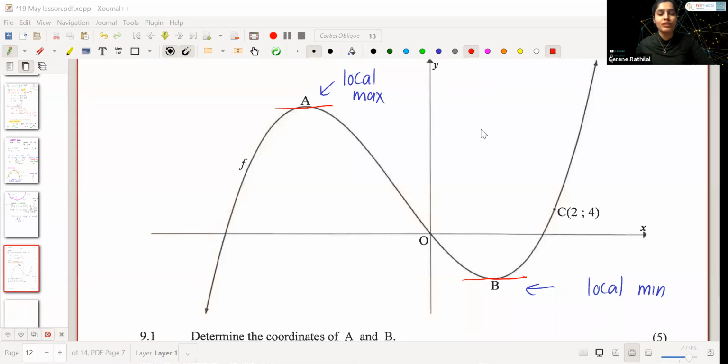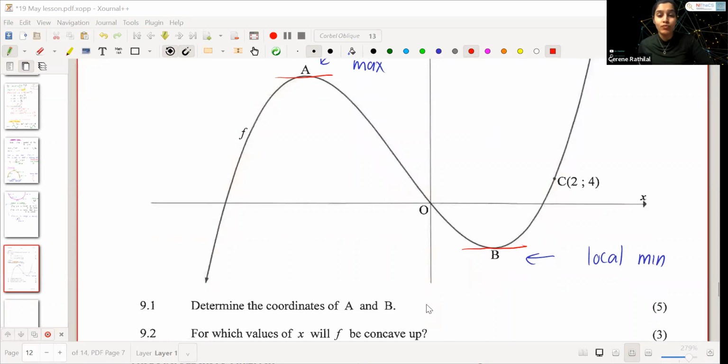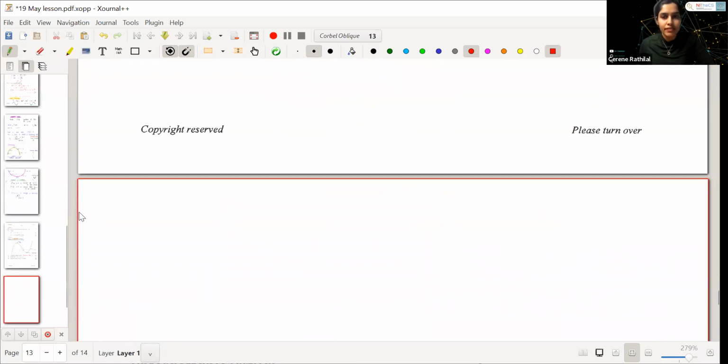And how do we solve for stationary points? We need to find x such that f prime of x equals 0. So let's do that. Okay, so let's answer.